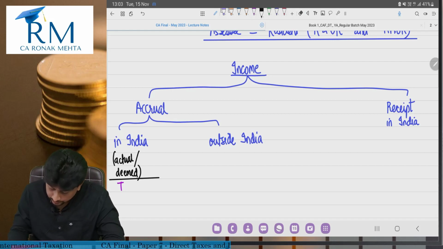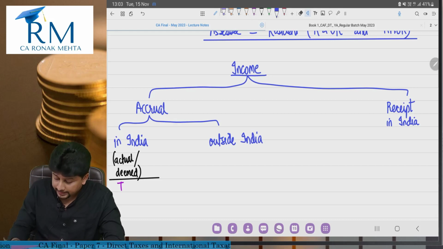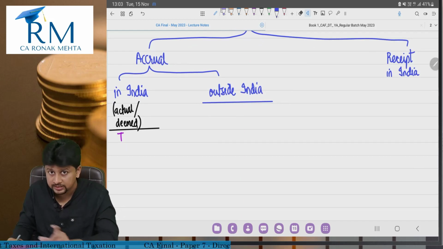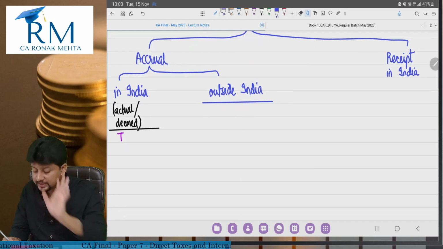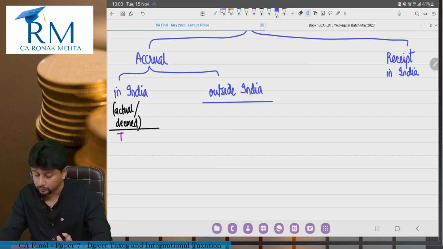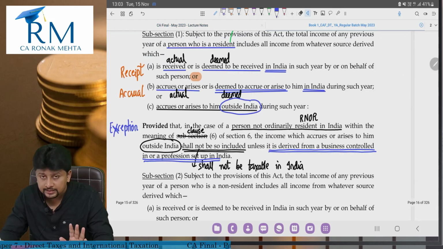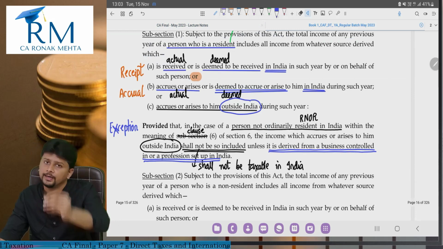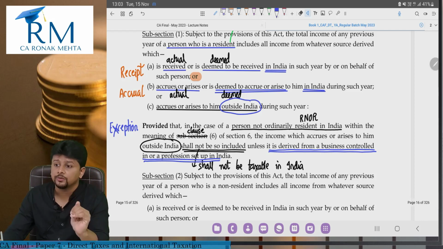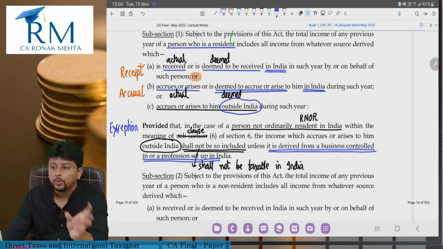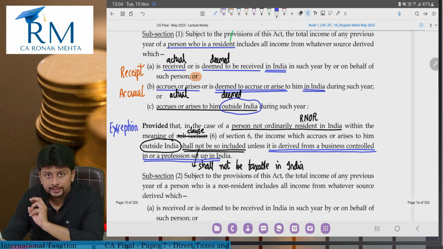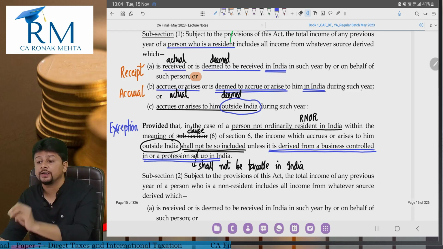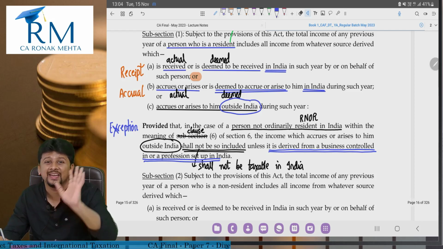If the income is accrued outside India, now this is where we had that point number C, and then there was a proviso also. Point C is saying accrued or accrues or arises to him outside India is to be included. Then the proviso is saying that if you are a resident but not ordinarily resident, then it will not be taxable for you unless and until it is derived from a business controlled in India.